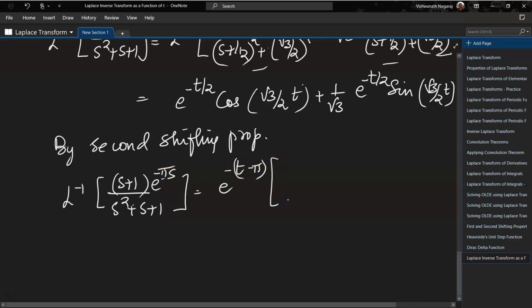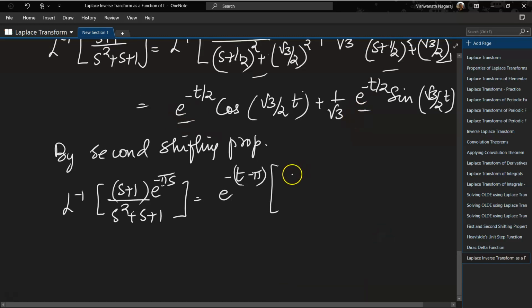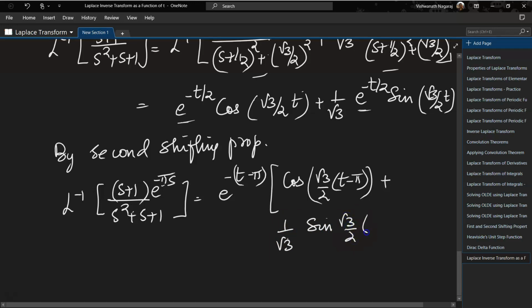Let's take a different bracket because this would be the same for both. Since this is common, let's take it out. Okay, cos root 3 by 2 t, and now this t can be written as t minus pi, plus 1 by root 3 sine of root 3 by 2 times (t minus pi), and u of t minus pi.